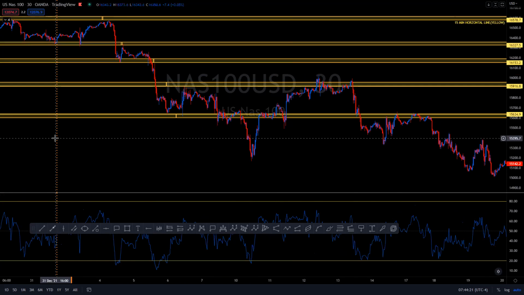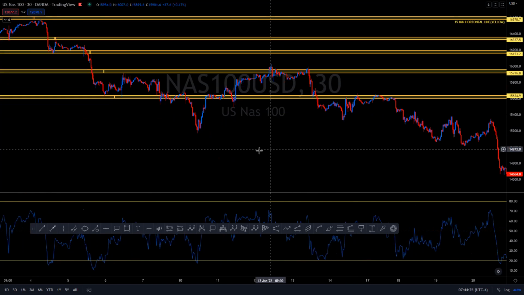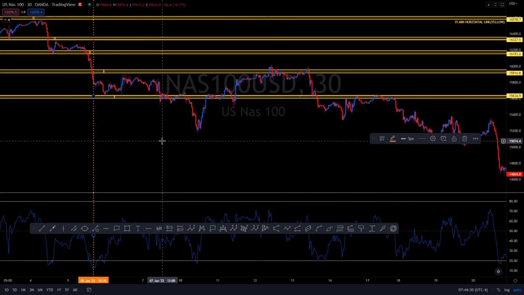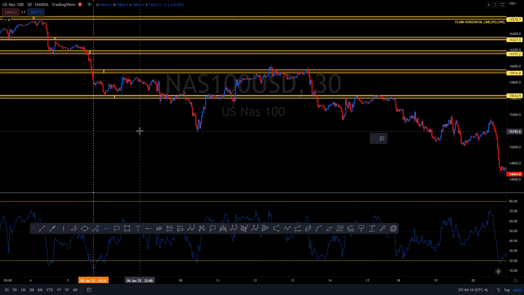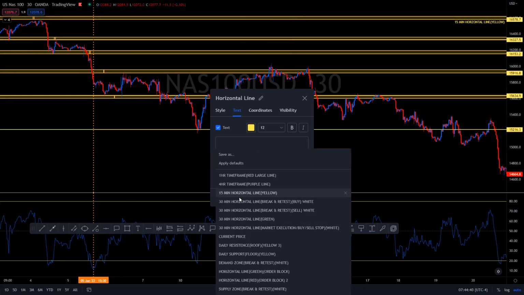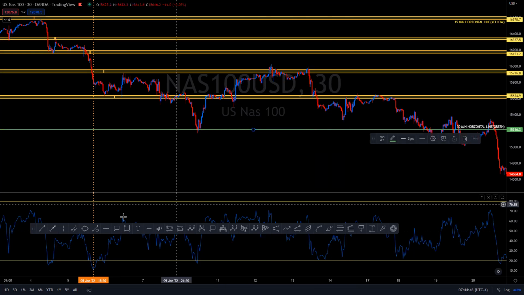This is where the last vertical line was, so we're going to mark up these areas here. Let's see, green there.